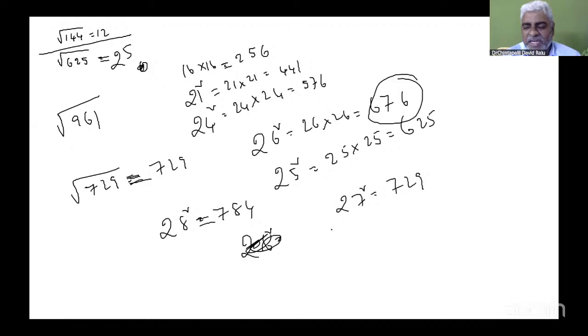Tell one number, I will tell its square. 35, sir. Very good. 35 square is equal to 1225.